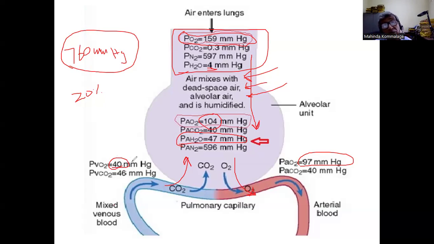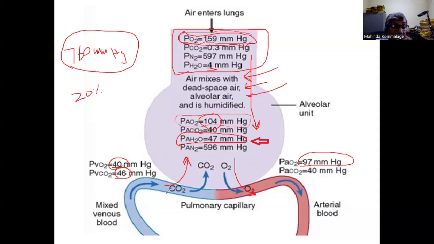This venous blood has less oxygen. It comes to the heart, and through the pulmonary artery it comes to the pulmonary capillary. So this partial pressure of oxygen of 40 tries to equilibrate with the alveolar partial pressure of 104, and finally we get a partial pressure of 97. That's what happens to the oxygen partial pressure, since we add oxygen. Carbon dioxide is the opposite. In the pulmonary artery, carbon dioxide is 46.